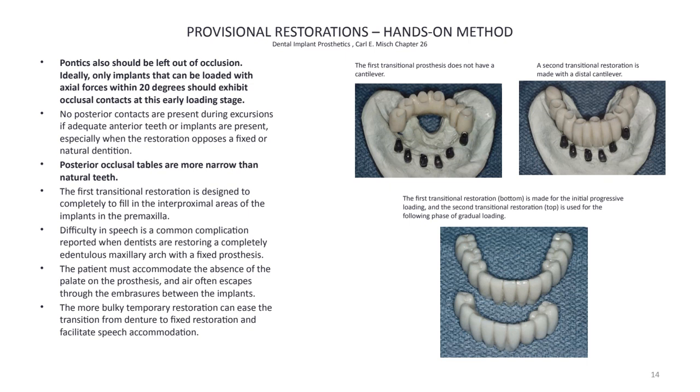Now, sometimes we're talking about provisional restoration in terms of preliminary work. It's good to keep in mind that provisional restoration is not only one set of provisionals. So sometimes, let's say we have a patient that wears a denture for a long period of time.